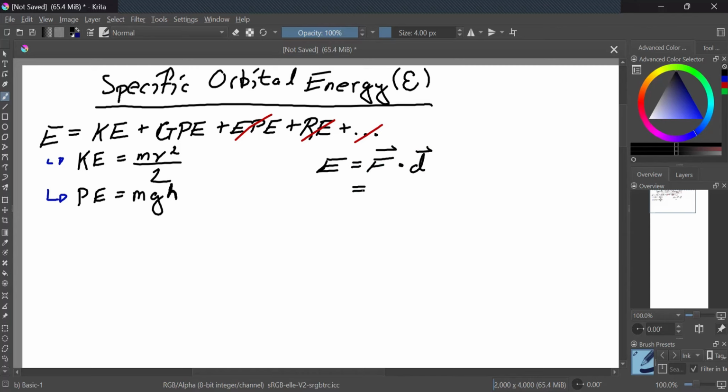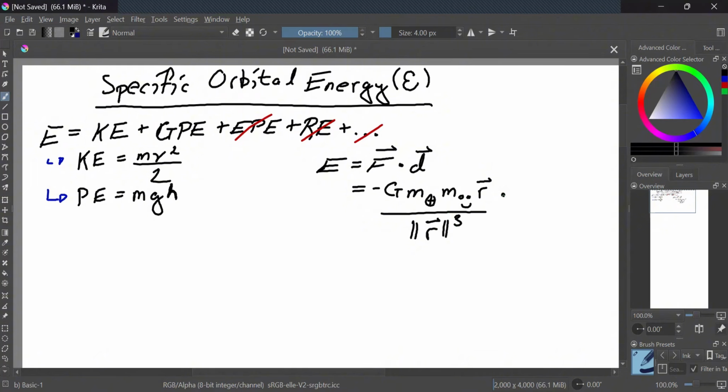We know what our force is because we derived it in the first episode as G mass of the Earth, mass of the satellite, in the direction from the center of gravity of that system, divided by the magnitude of that distance cubed.